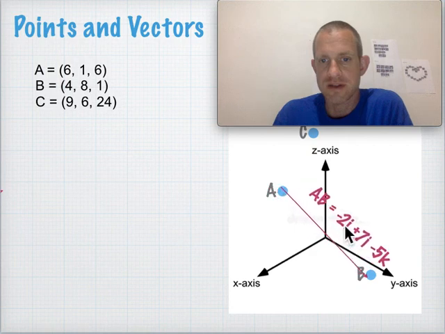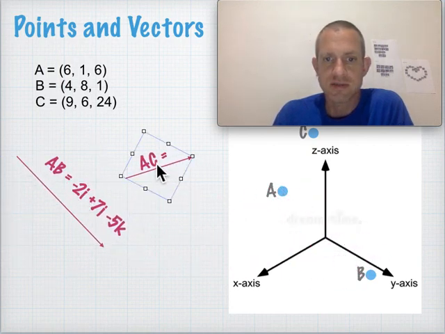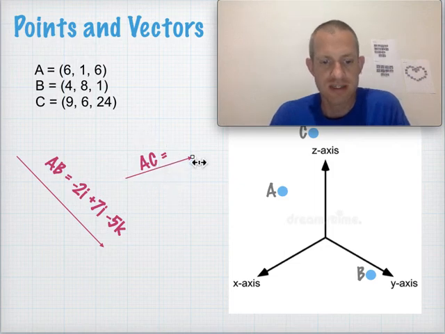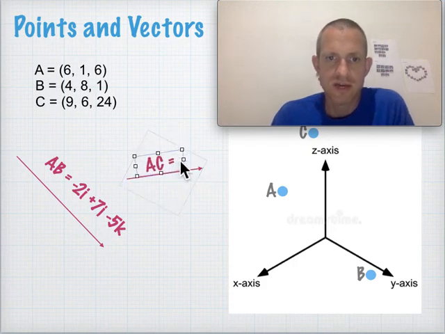So there's AB. To get from there to there, I will go ahead and write AC as well. AC, if I rotate it around a little bit, would be more like that, but my text isn't going to show up properly if I do that, so sorry.